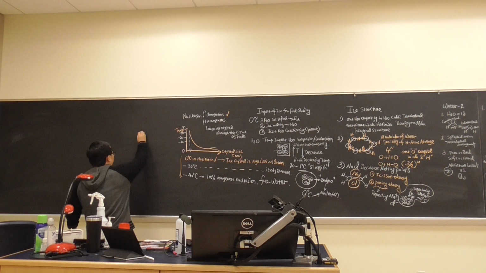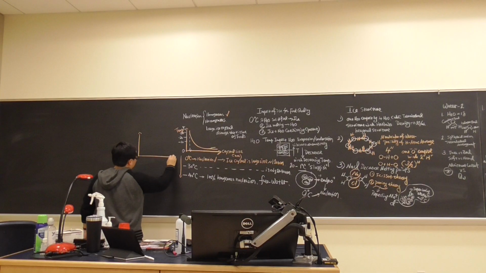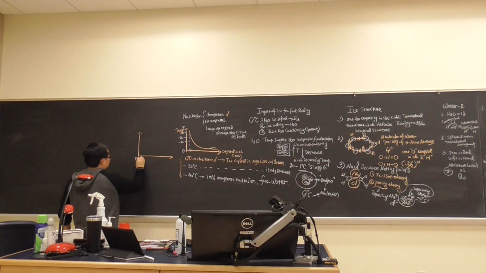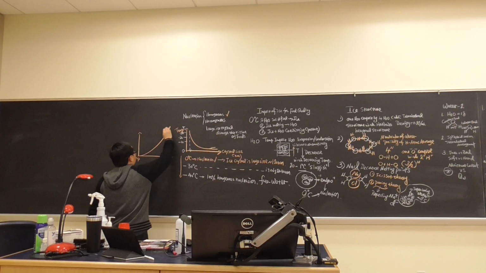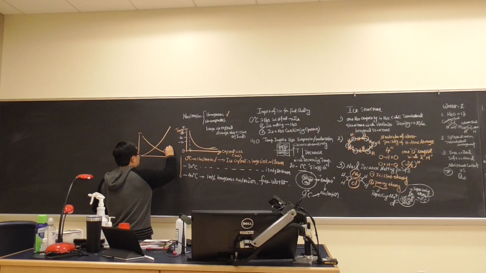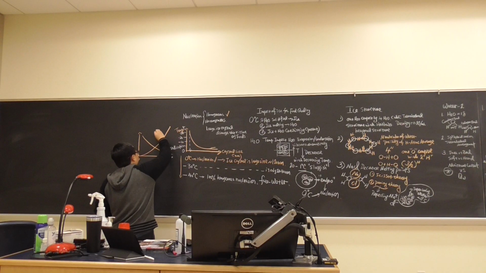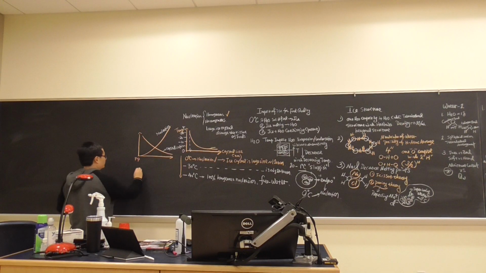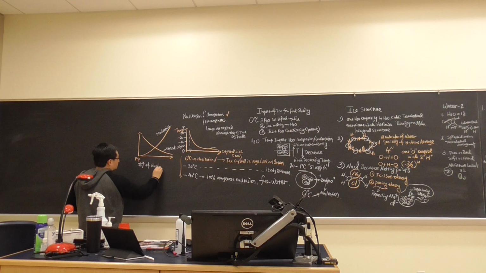It is important because this brings out another curve. Freezing point, this curve is crystallization, and the above curve is nucleation. What we want is a larger number of nuclei, giving a smaller number of ice crystals.